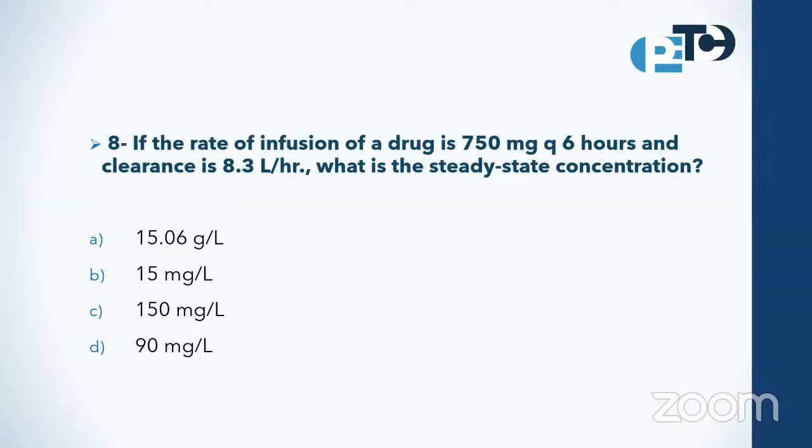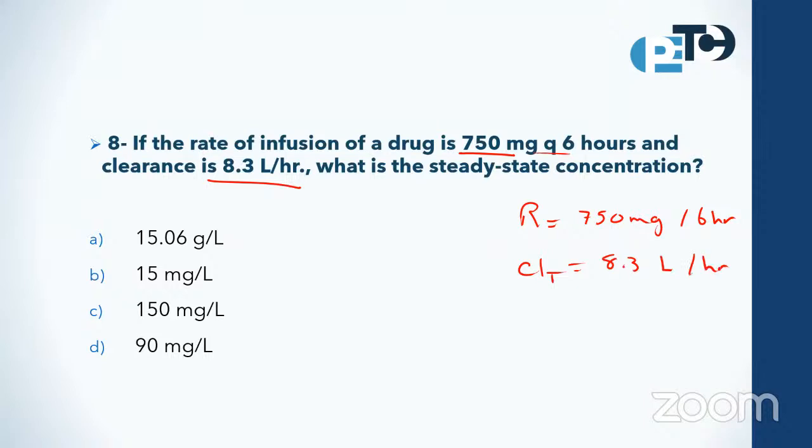Let us see this calculation problem. If the rate of infusion of a drug is 750 milligram every 6 hours, so we have R equal 750 milligrams every 6 hours, and the clearance rate is 8.3 liter per hour.